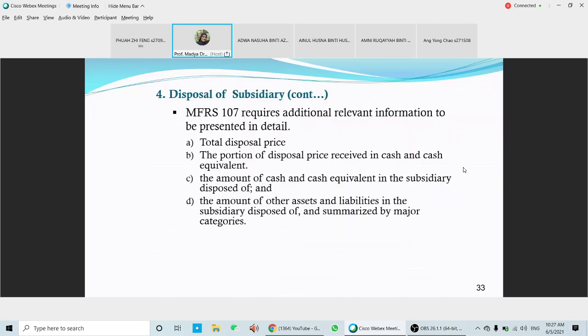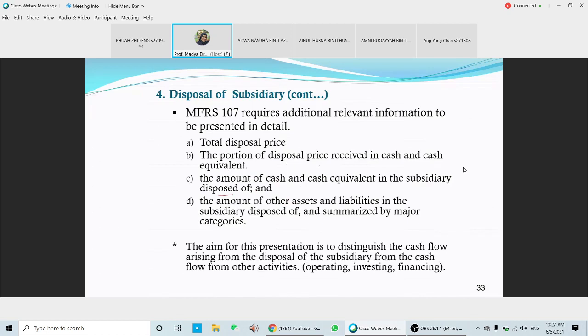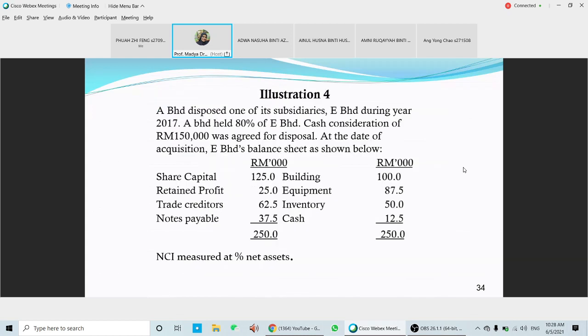Additional information that you need to disclose: total disposal price, portions of the disposal price received in cash and cash equivalents, the amount of cash and cash equivalents in the subsidiary that we dispose, and the amount of other assets and liabilities. The same things that you disclose for acquisitions. So we distinguish the cash flow arising from disposal of the subsidiary from other cash flow activities.